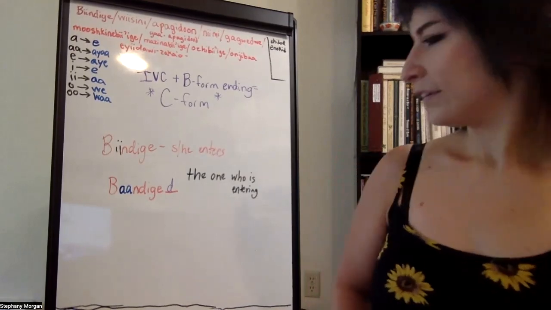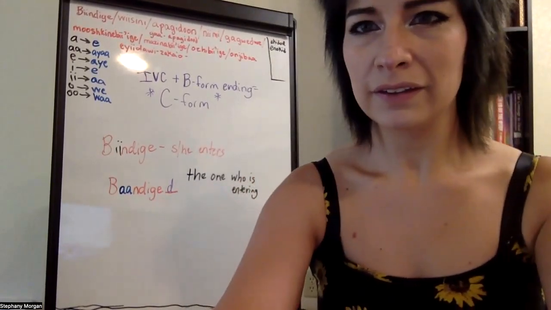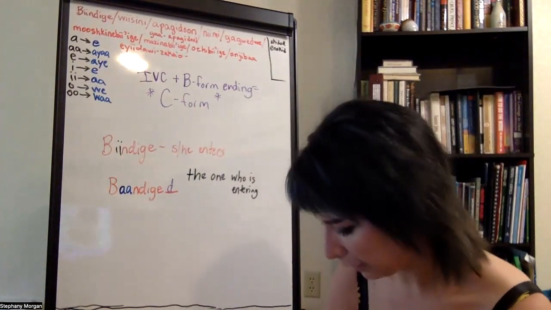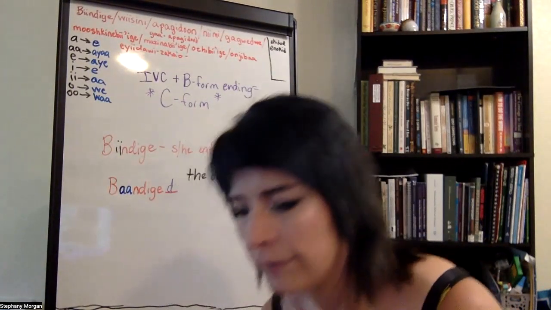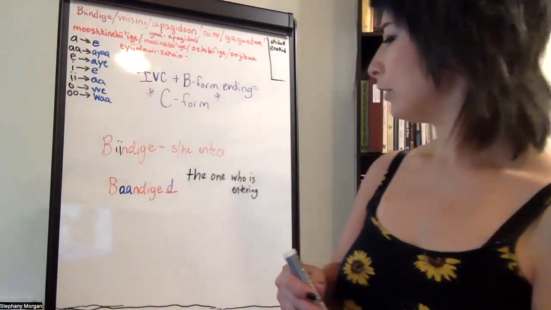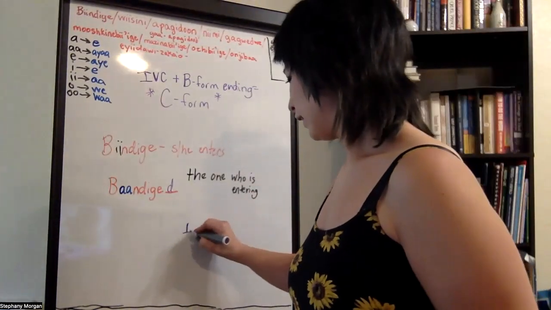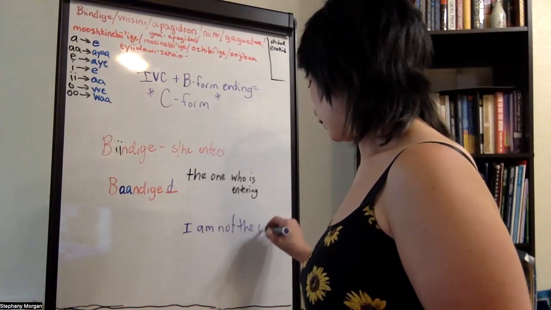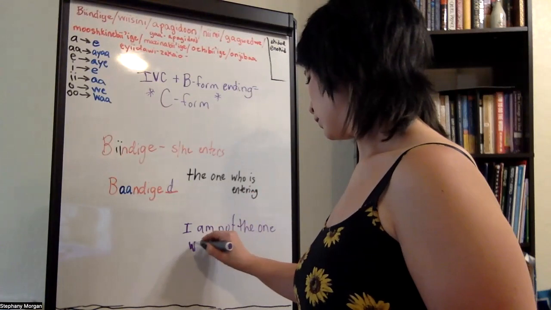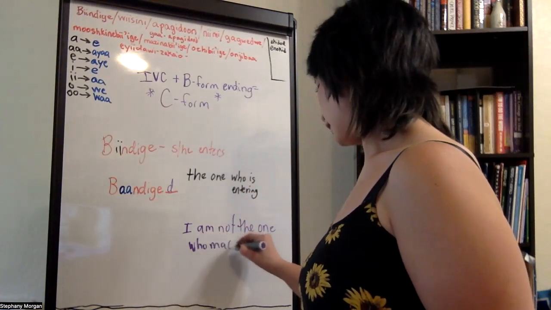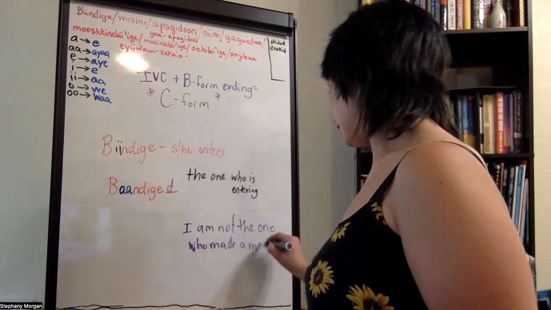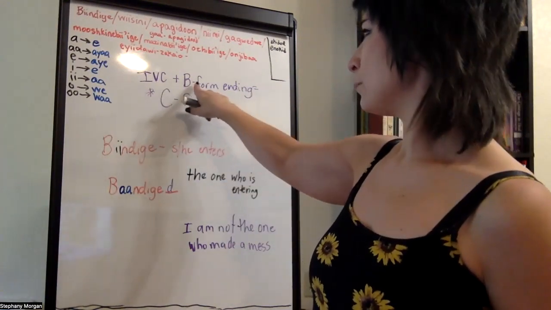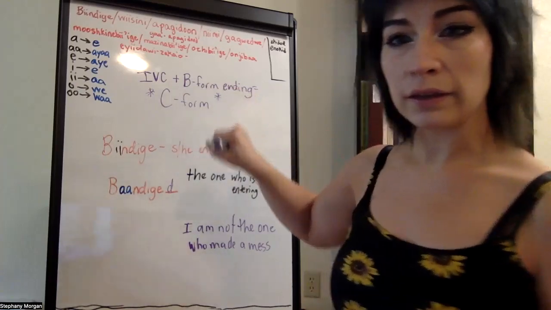Ombwewe binige. So for example, it works with the negative form. You don't need gawin, just like in B form, you don't need gawin, but you use the negative B form ending. So if I wanted to say, I am not the one who made a mess, I would use initial vowel change plus B form negative ending.